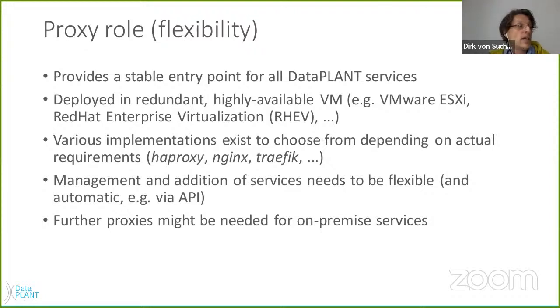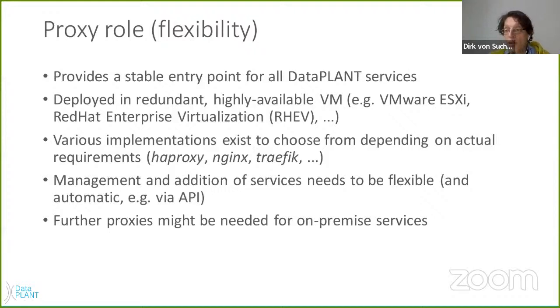So the idea is that the computer center infrastructure takes care that this service point should never die. There are various implementations available. The team was looking at different ones, and Joey will talk a little bit about the selection criteria later on.